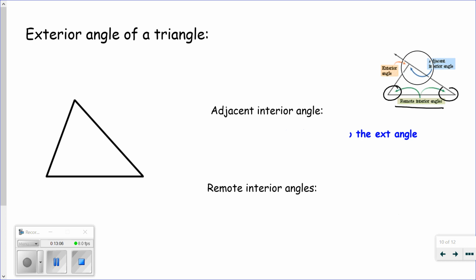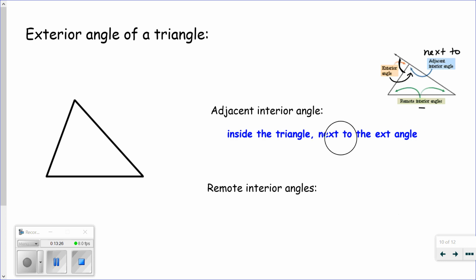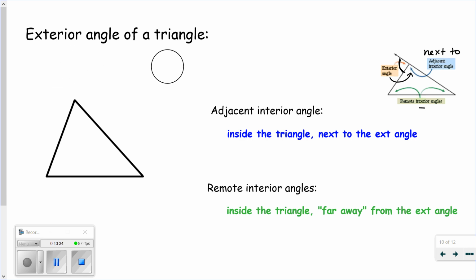Okay, and then finally we have our adjacent interior angle. Well, if this is our exterior, adjacent just means next to. So the adjacent interior is next to the exterior. All right, so those are some terminology you're going to want to know. Now you can copy down those vocab words.